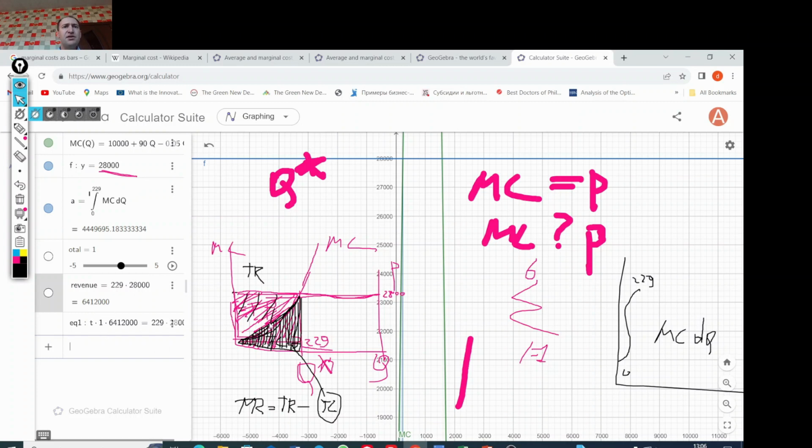And then your profit associated with the optimal Q of 229 will be the difference between the area of the rectangle and the area of that shape. Again, how will we call it with one word? We cannot use 2 words to name it. So it's your profit, your total profit, but we use one word, profit.